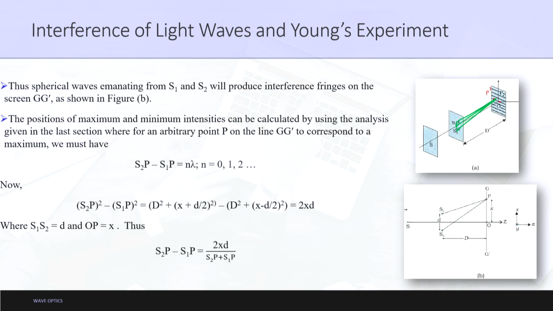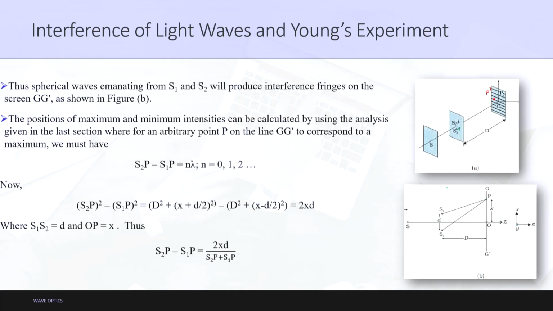From this view I cannot show that these two triangles are congruent, but if the mathematical calculations are done, then these triangles are congruent, and because they are congruent, S1O is equal to S2O. That corresponds to n equal to 0, which means there is also a bright fringe. Therefore, not only at the center point but at any point perpendicular to the plane of paper, there will always be a white fringe.